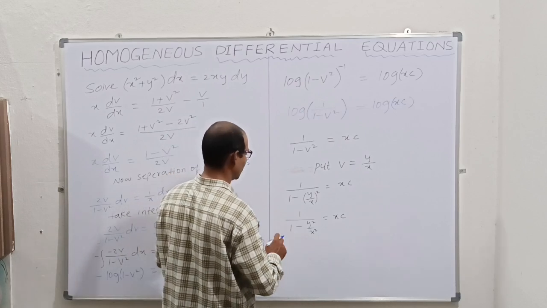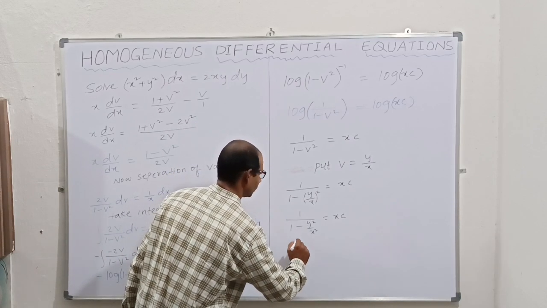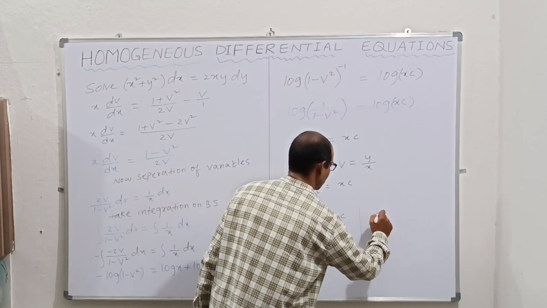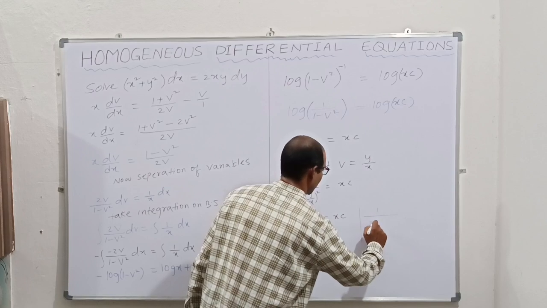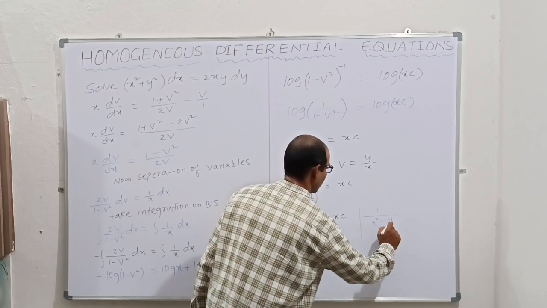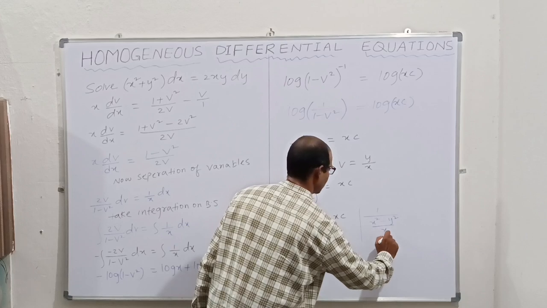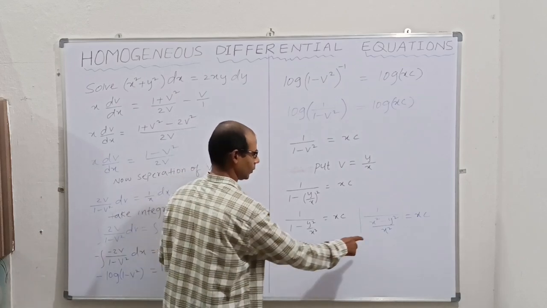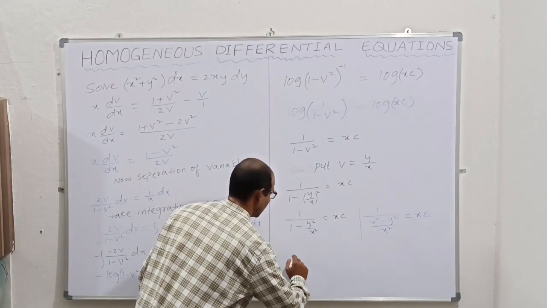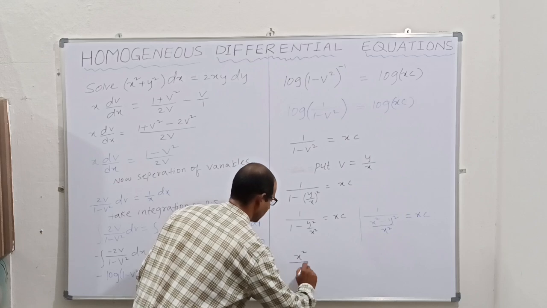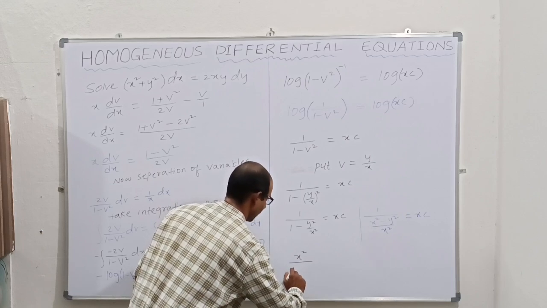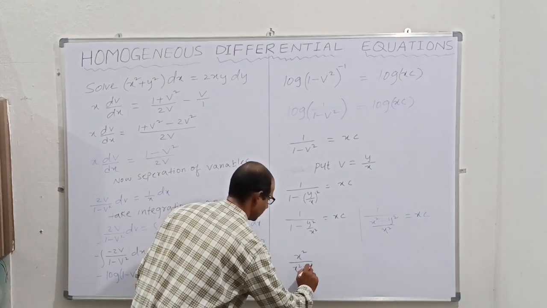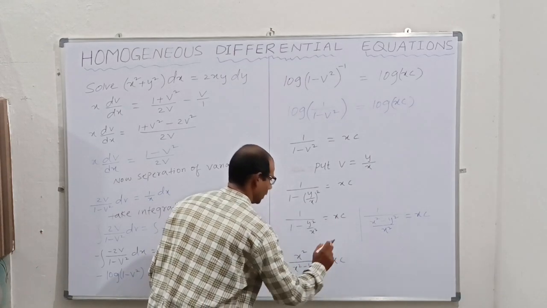If we simplify this one, 1 upon x square minus y square upon x square is equal to xc. So it goes to the numerator. Therefore x square upon x square minus y square is equal to xc.